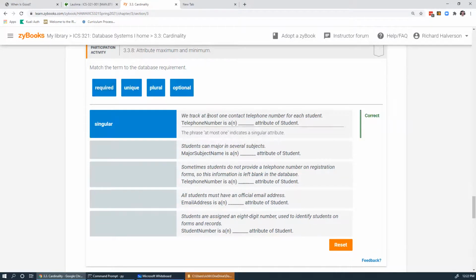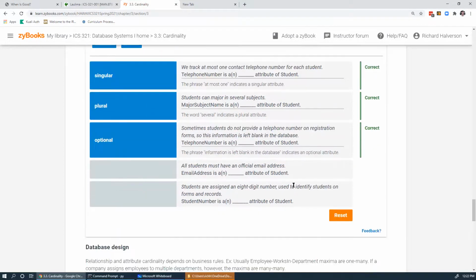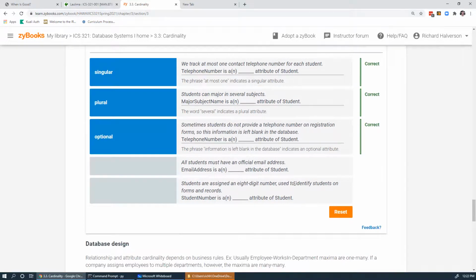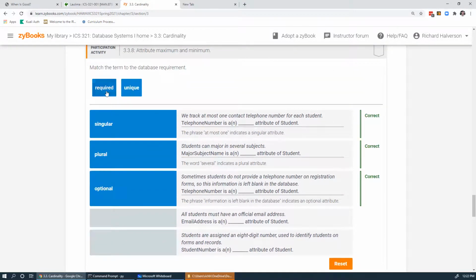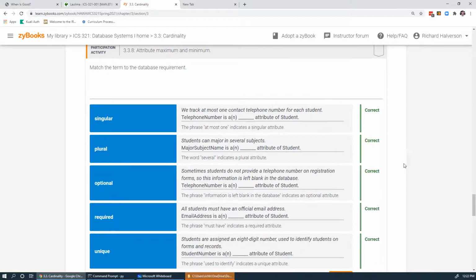Yes, okay, it's not 100%. Students can major in several subjects. Major subject name is plural. Students sometimes do not provide a telephone number. All students must have an official email address. All right.